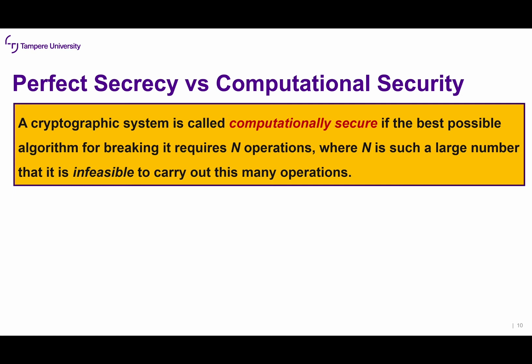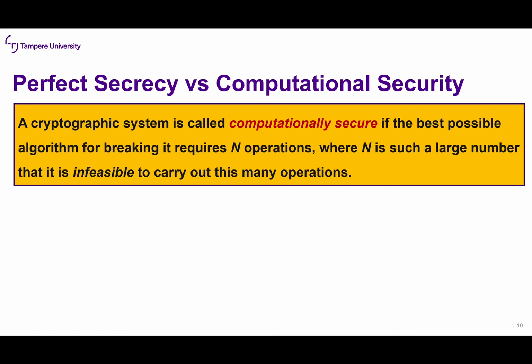Apart from that, note that no actual system can be proved secure under this definition, since we never know whether there is a better algorithm than the one known. As a result, in practice, we say that a system is computationally secure if the best known algorithm for breaking it requires an unreasonably large amount of computational resources.